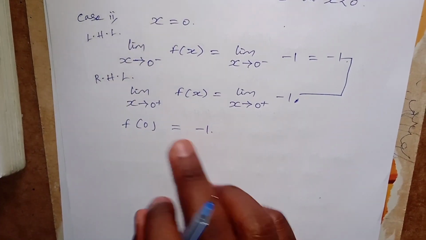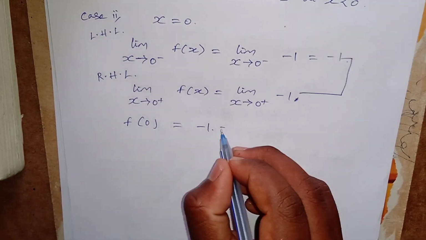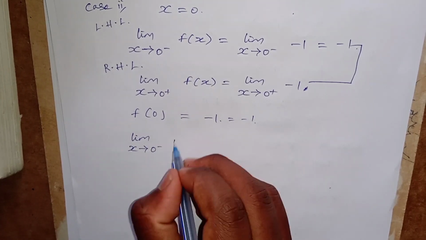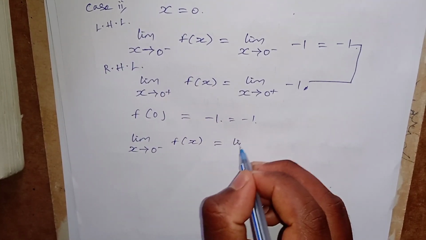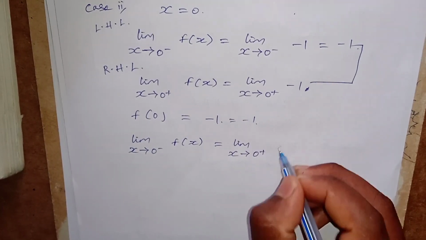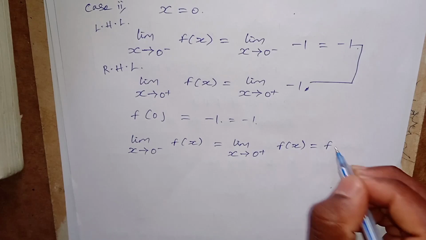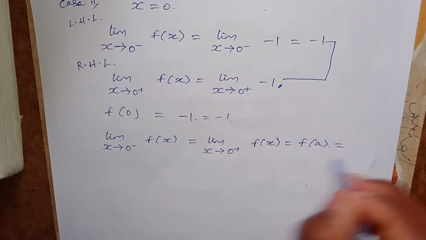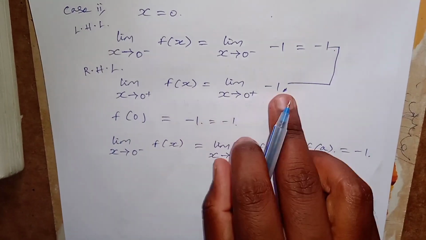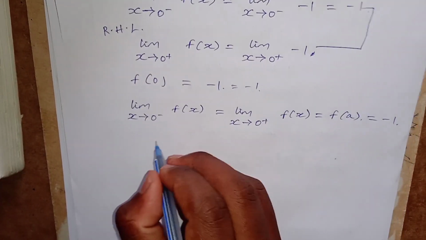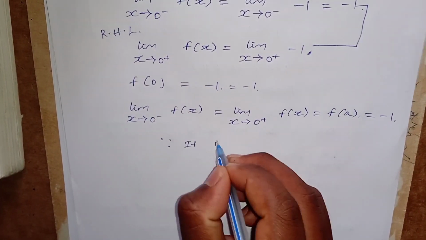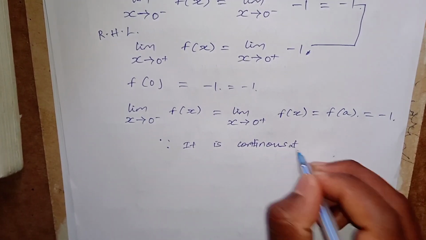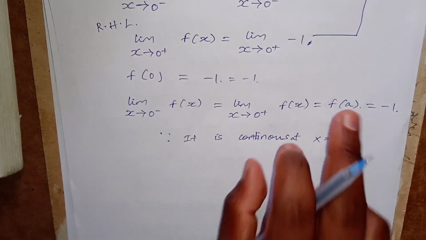There is no x to substitute 0. So my left hand limit as x tends to 0 minus of f of x is equal to the limit as x tends to 0 plus of f of x is equal to f of a, where f of a is f at x equal to 0. For all these three values we are getting the same minus 1. Therefore my given function is continuous at x equal to 0. At the point also, it is continuous.